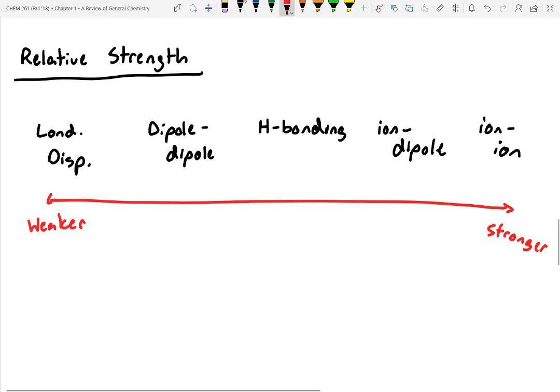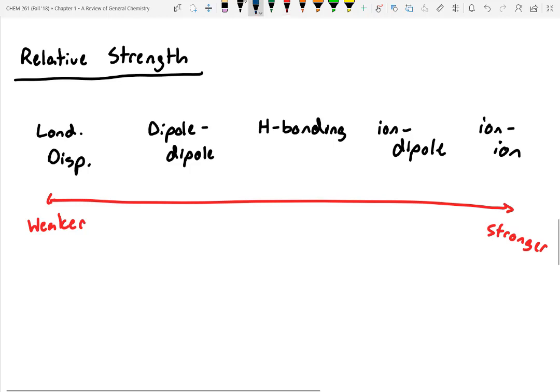The good example to remember this is crude oil. Crude oil is almost all nonpolar compounds, but it has a very high boiling point because it's long-chain carbons. So they go through a process of cracking that crude oil and making it into smaller carbon chains. The other interesting thing that students forget about is that when you're choosing an intermolecular force, you don't have to just choose one. Oftentimes it's a combination of a lot of intermolecular forces.